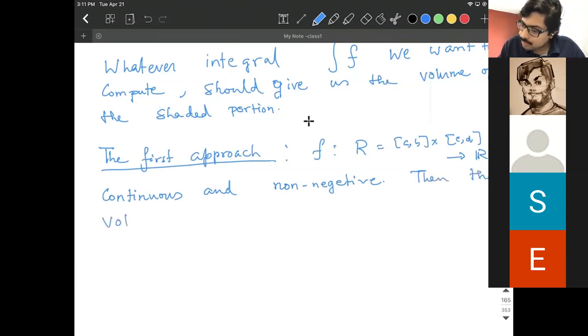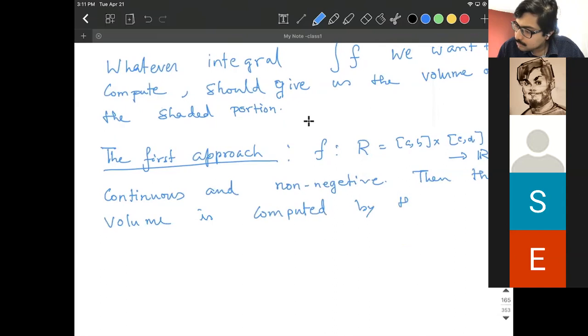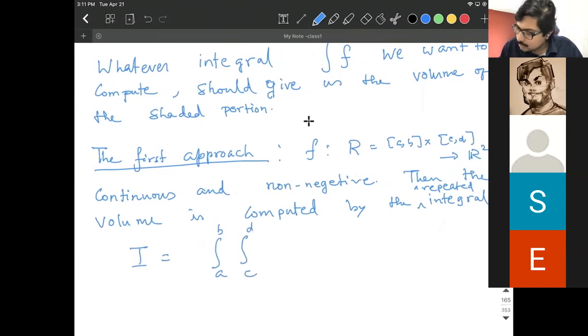the volume is computed by the integral, or the repeated integral, given by, so you first integrate along this interval [c, d], treating f(x, y) just as a function of y.